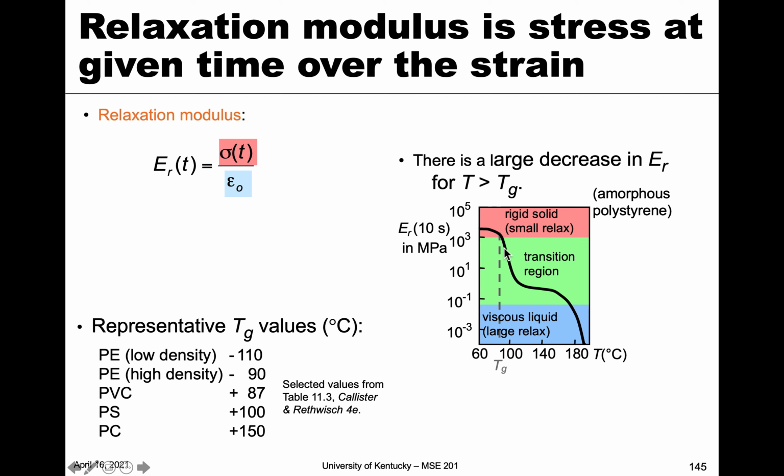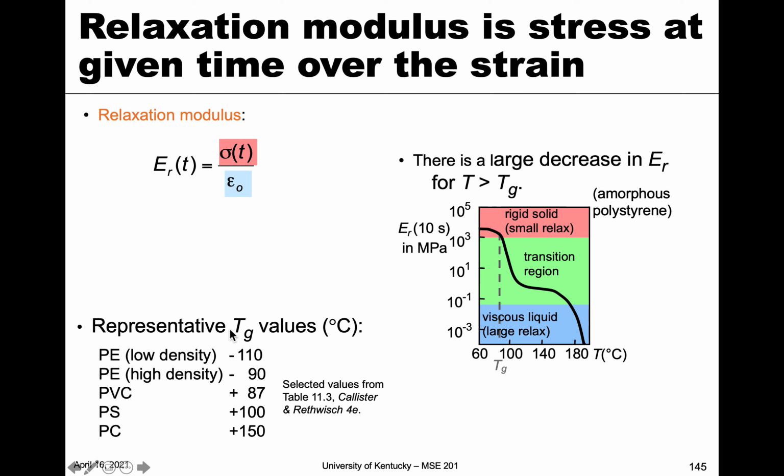And so we see a decrease in the relaxation modulus, and then it kind of levels out, but then has another decrease once we get to more of a viscous liquid at much higher temperatures. So we see a large decrease in this relaxation modulus at temperatures above Tg.